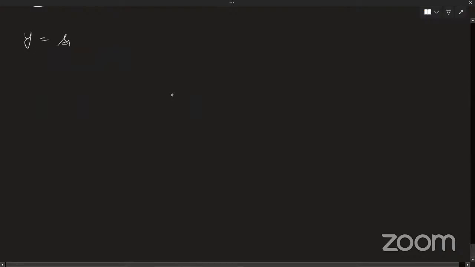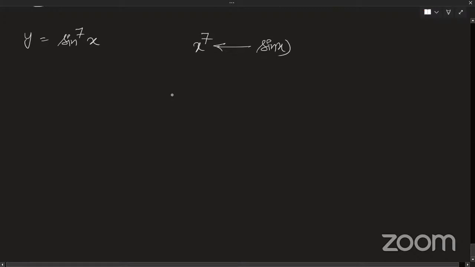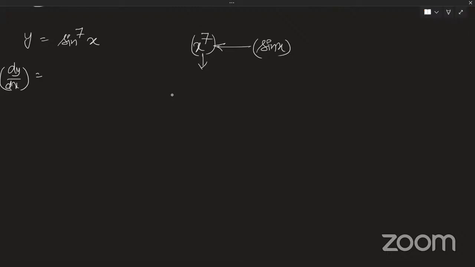So if y is equal to sine to the power 7x, okay, so it is x power 7 बाहर है, उसके अंदर मैंने डाला हुआ है sin x, right? Yes, sir. x पावर 7 का डेरिवेटिव क्या होता है? Don't worry. 7x power 6, sir. Yes, correct.